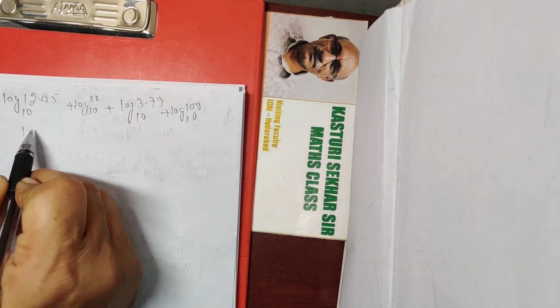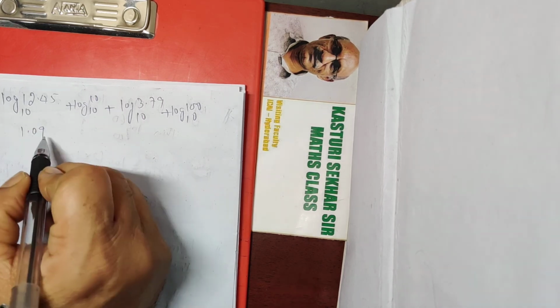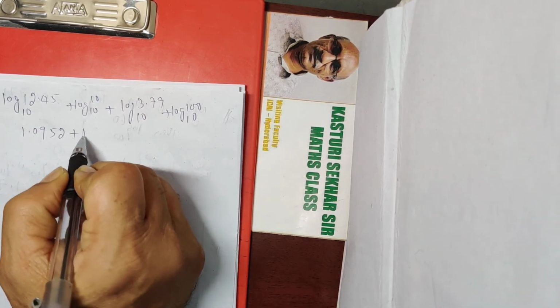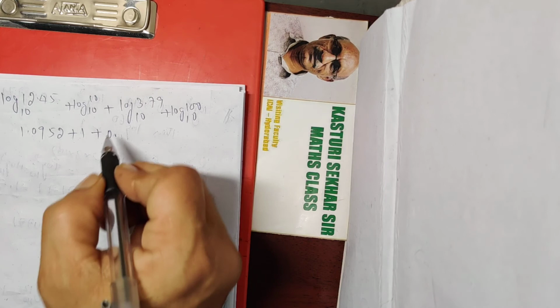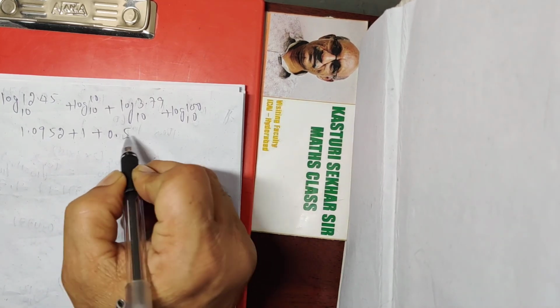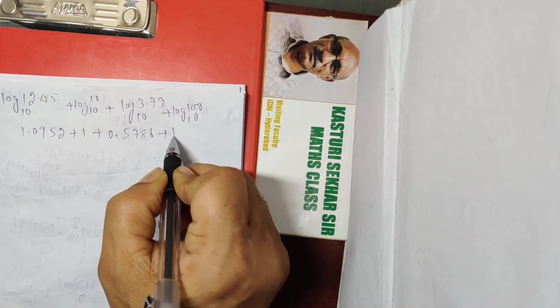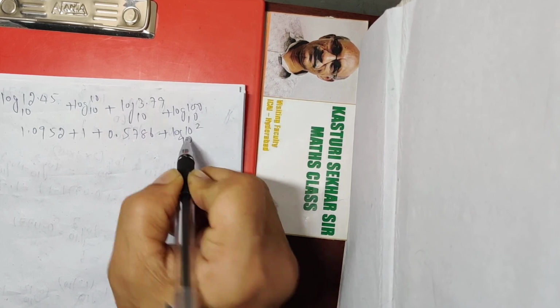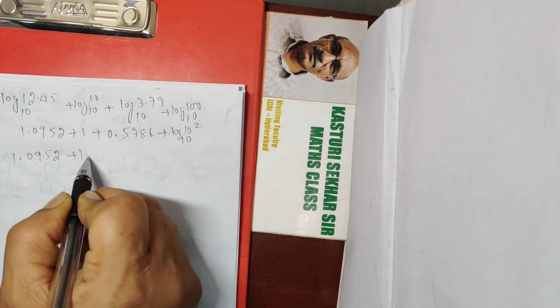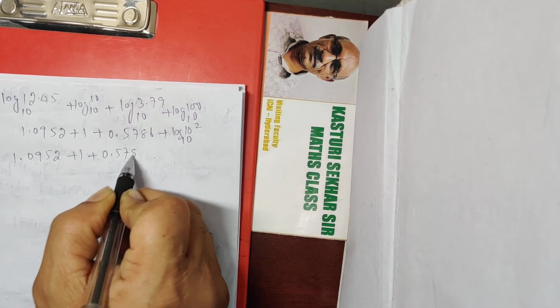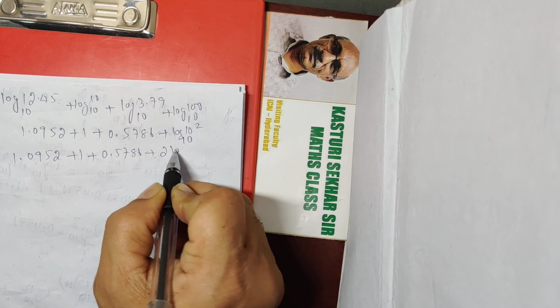Log 12.45 is given as 1.0952, plus log 10 to the base 10 is 1. Log 3.79 is given as 0.5786, plus log 10 square to the base 10, which is 2 log 10.